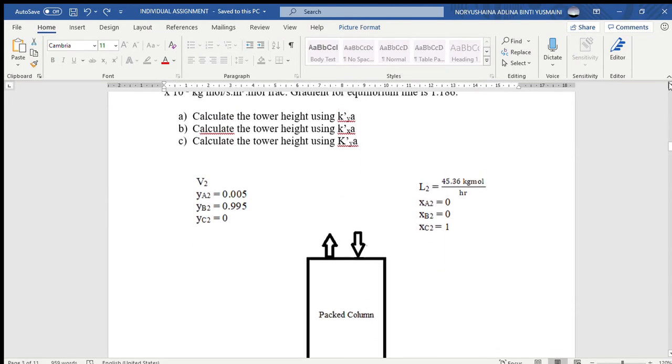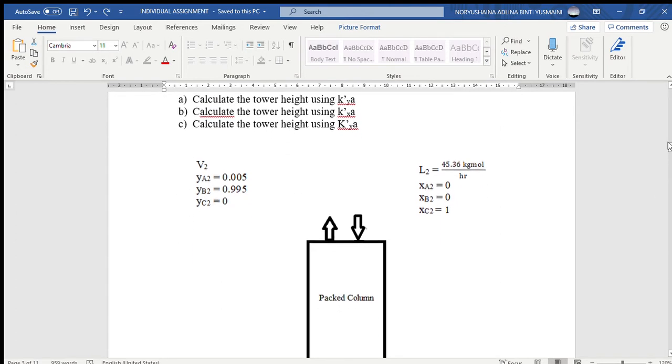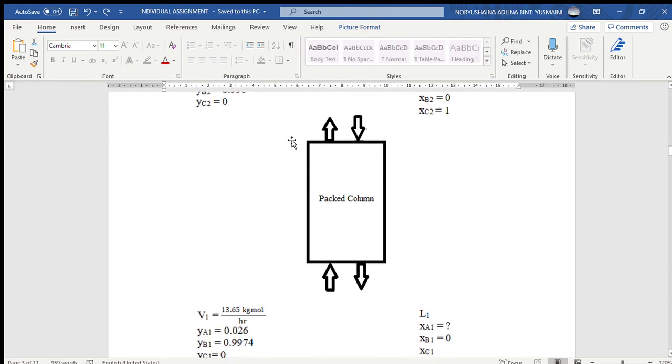As the pure water flows into the liquid stream, the value for XC is 1 and XA2 and XB2 is 0, because the total mole fraction for both streams is equal to 1.